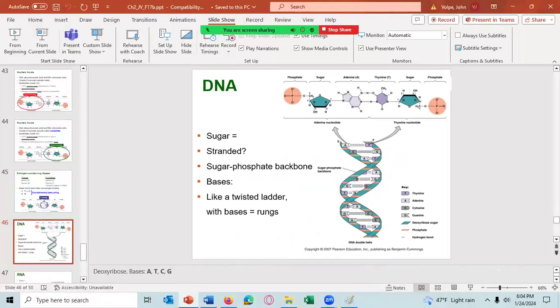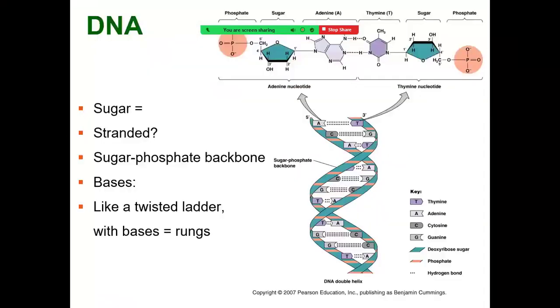All right, DNA has the sugar deoxyribose. It's a double-stranded molecule. In the DNA molecule, one strand of the DNA is held together by the sugar phosphate backbone, meaning here we have a sugar, there's a phosphate, and that binds to a sugar and then another phosphate.